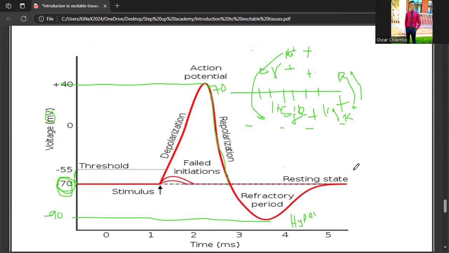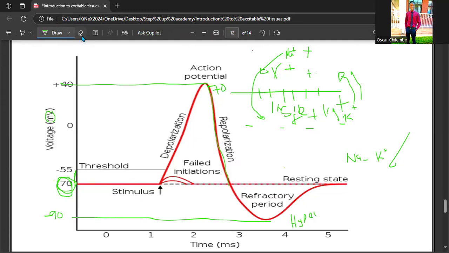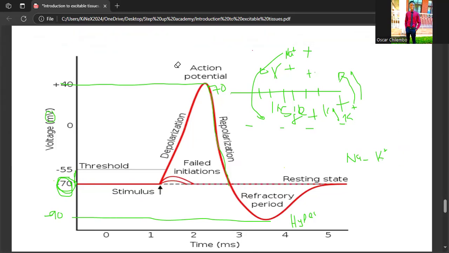There is specifically a pump which is called the sodium potassium ATPase. So what does the sodium potassium ATPase do?